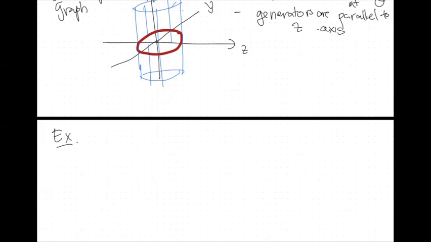Another example. You can check some other examples in the book. So z is equal to sine y in R3 is also a cylinder. The cross section is the sine graph.